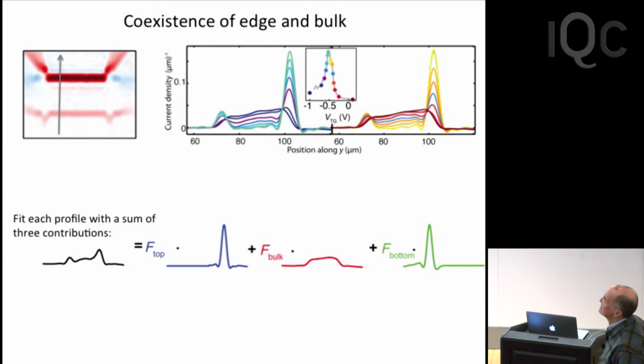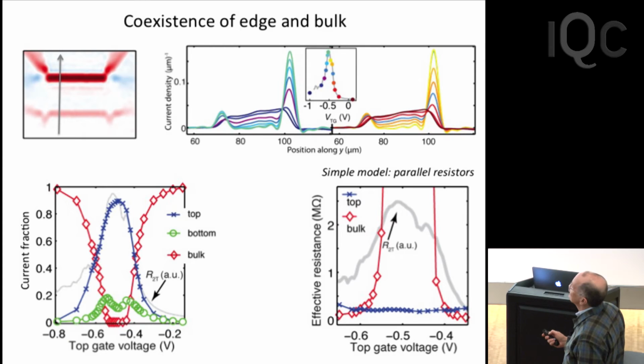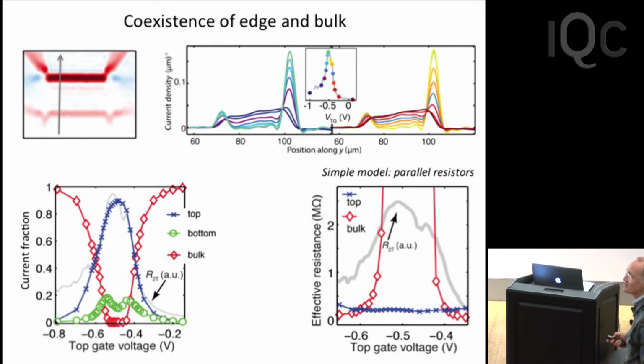loss in conductance. However, if you take a simple model in which you assume that the three components have an effective resistance and plot the resistance instead of the amount of current, what you find is that the bulk resistance gets very big when you put the Fermi level in the gap, but the current through the top edge is really relatively independent of gate voltage.